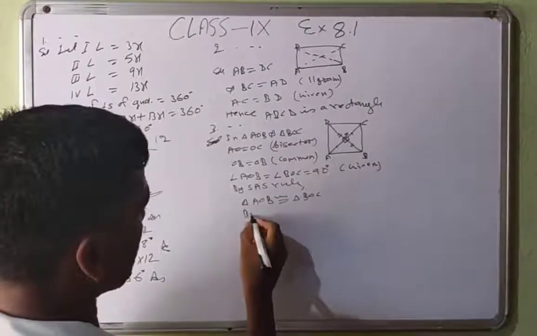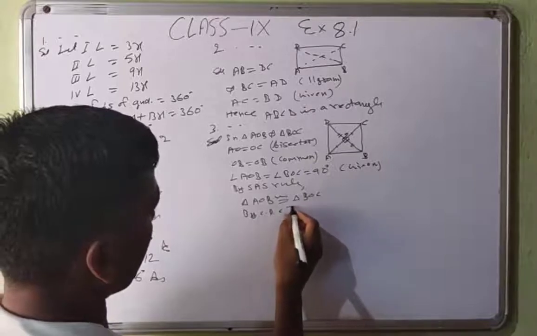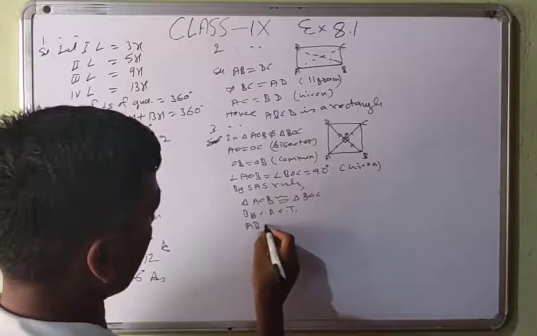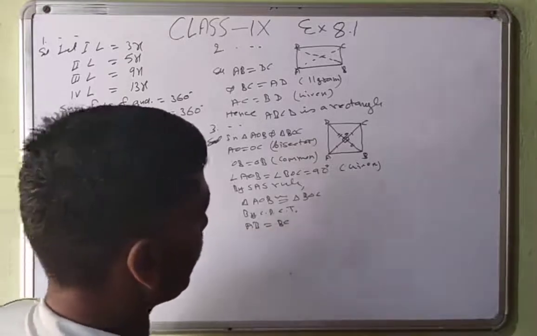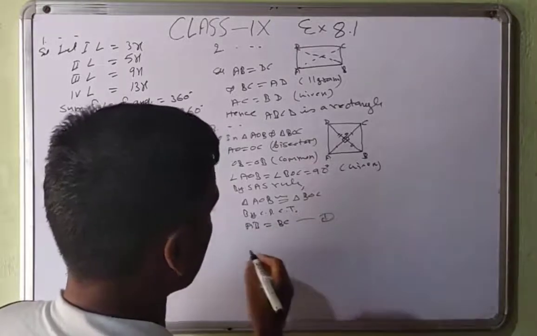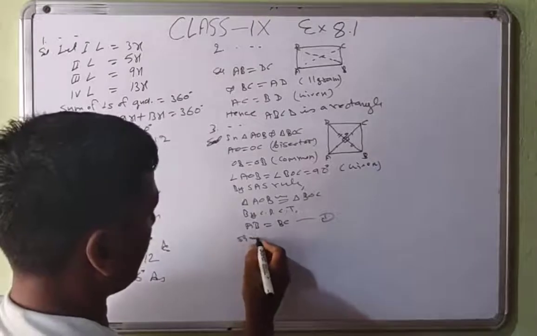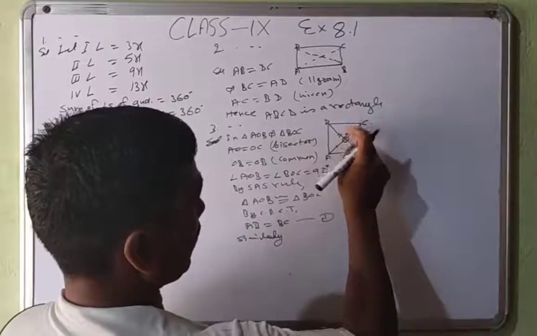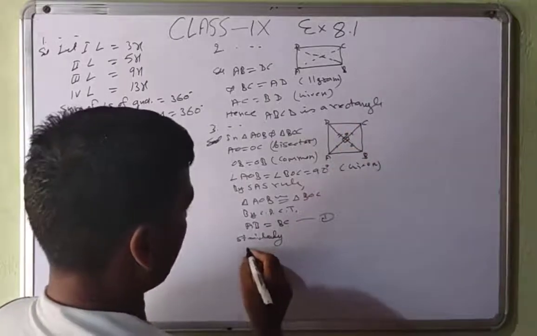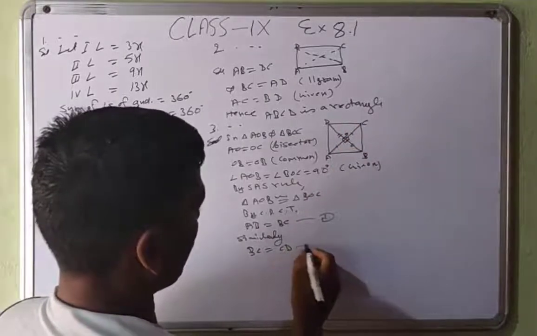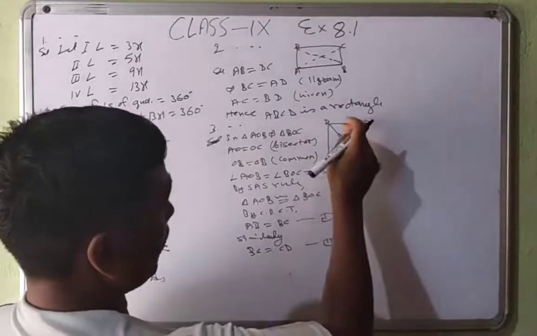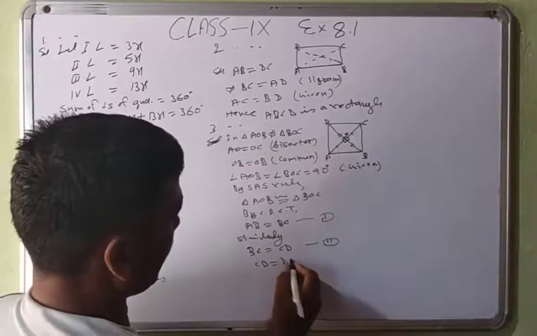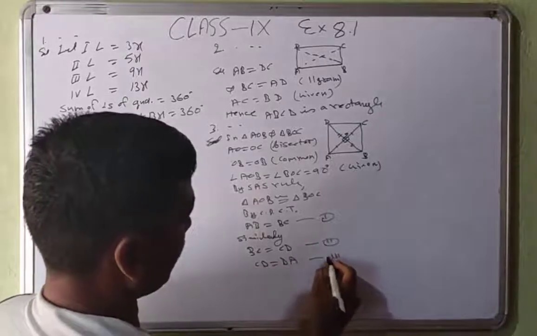So by CPCT, AB is equal to BC. This is the first equation. Similarly, we will take these two triangles, so BC is equal to CD, second equation. Now these two, CD is equal to DA, third equation.